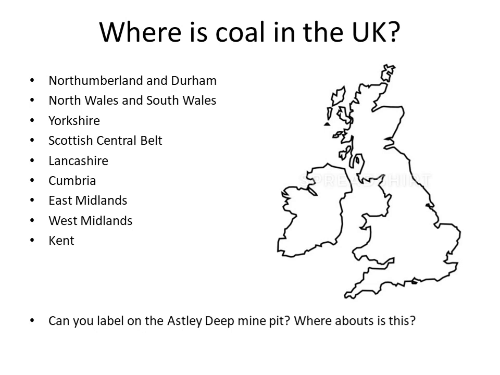So let's have a look at some of the mining regions. We've got Northumberland and Durham. We have got North Wales and South Wales. We've got Yorkshire, Scottish Central Belt, Lancashire, Cumbria, East Midlands, West Midlands and Kent. So these are all different regions in the UK where mining went on or still does go on, okay?